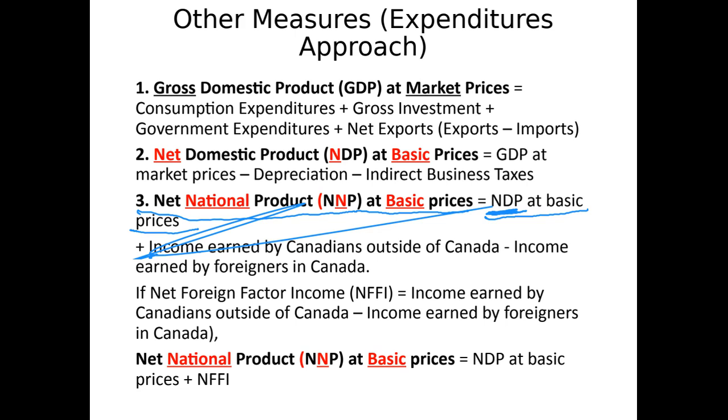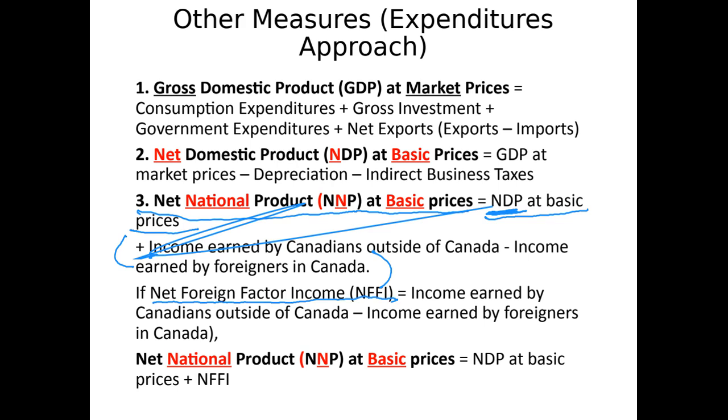So we have to subtract income earned by foreigners who are living within Canada. Now, rather than writing these two every time, if I take this whole thing, that is income earned by Canadians outside of Canada minus income earned by foreigners in Canada, we call it net foreign factor income, NFFI.